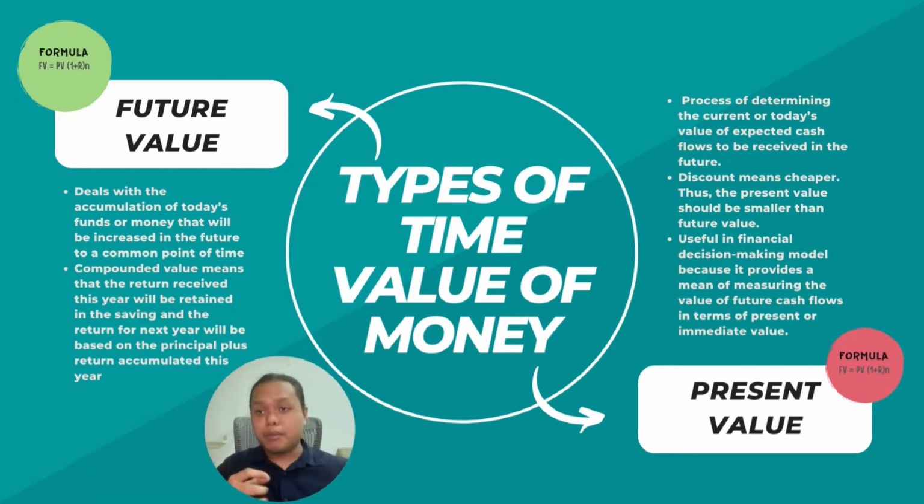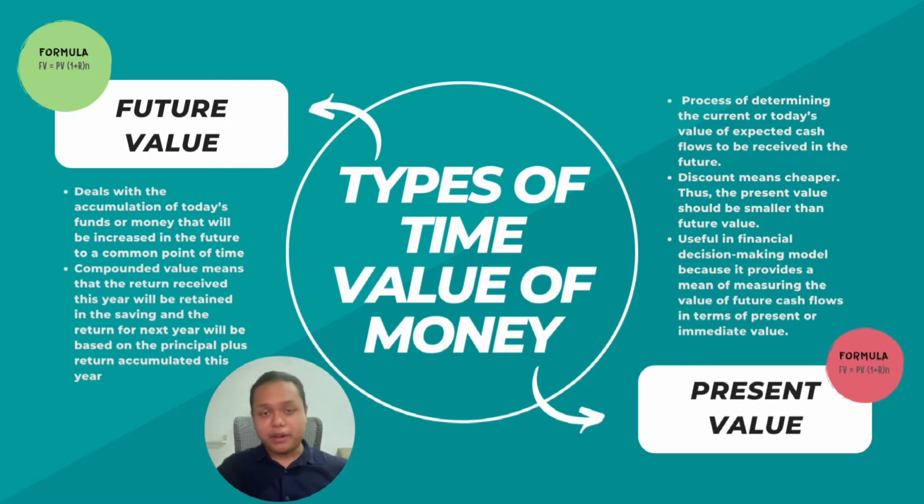N, number of periods. Meanwhile, present value is the process of determining the current or today's value of expected cash flows to be received in the future. It is also known as discount value. Discount means cheaper. Thus, the present value should be smaller than future value.